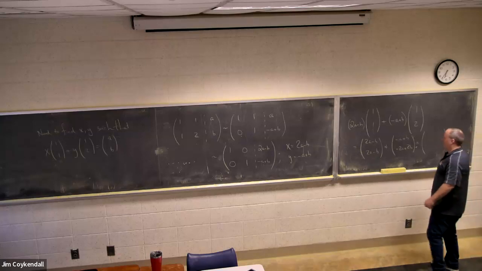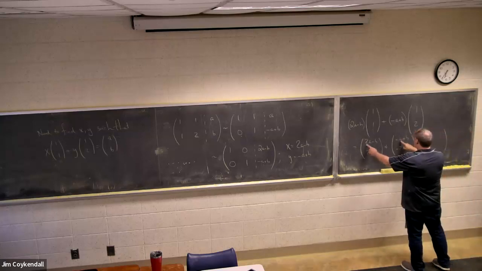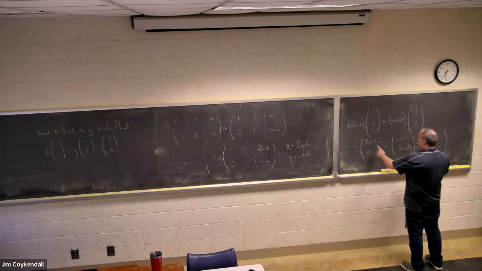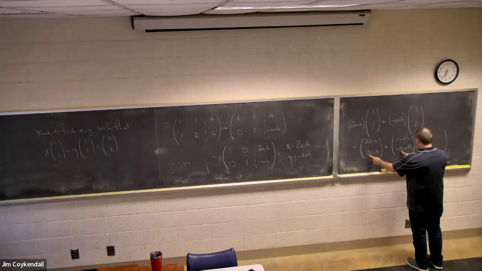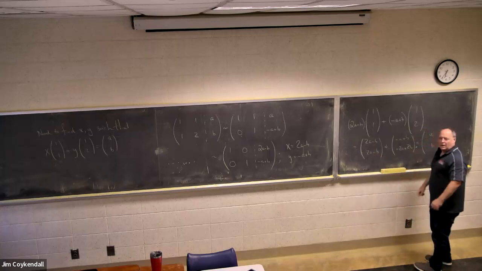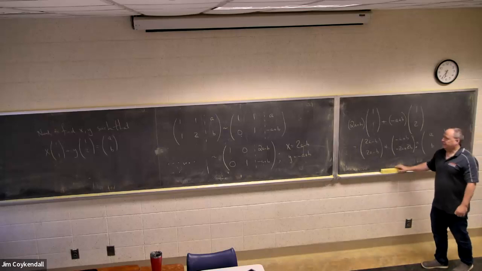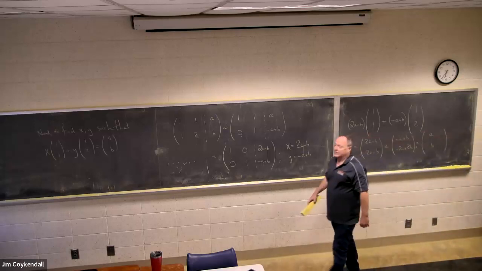And what do we get? When I add these up, I get 2a minus a is a, minus b plus b is 0. I get 2a minus 2a is 0, minus b plus 2b is b. So it works.